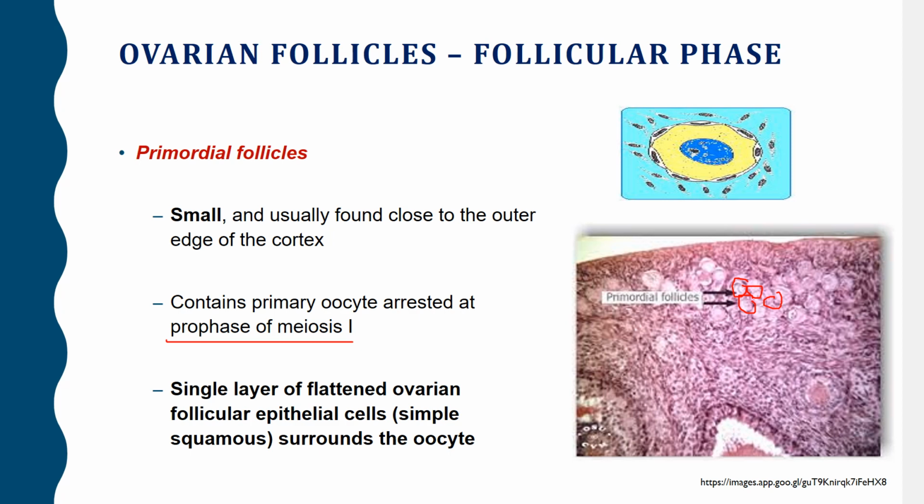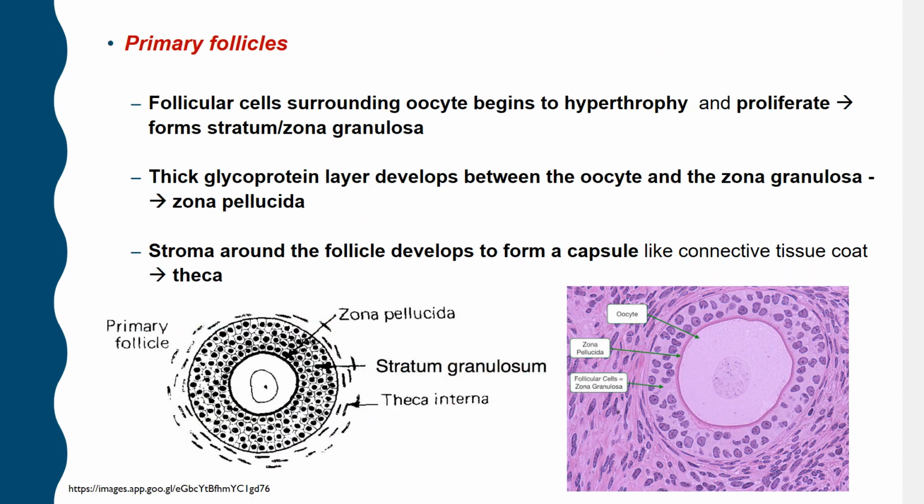If you look at the primordial follicle, it has a single layer of flattened ovarian epithelial cells, also known as the granulosa cells. When the primordial follicle gets stimulated by the follicle stimulating hormone released from your anterior pituitary gland, it will start growing.